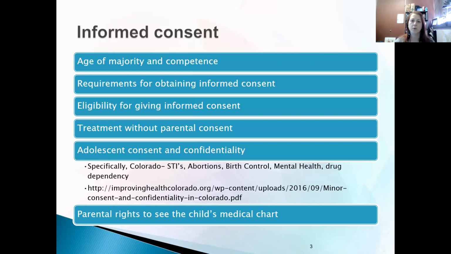And it can literally just be a notarized form that says, I give permission for so-and-so to seek treatment for my child, name the child, in my absence, and it's signed and notarized. That can also serve as legal documentation for us.